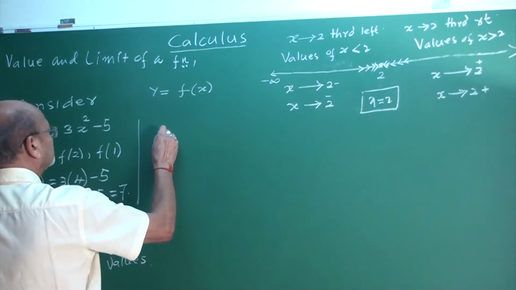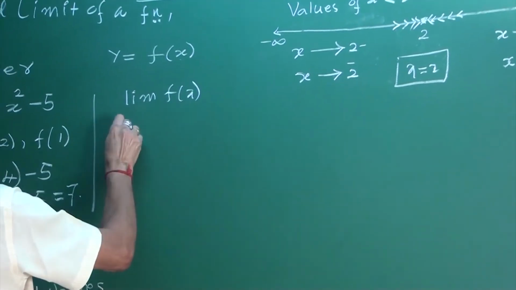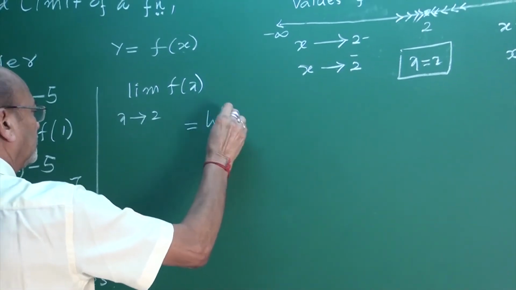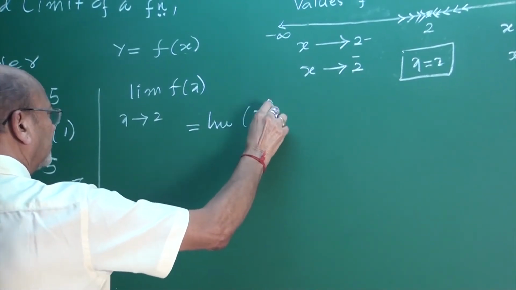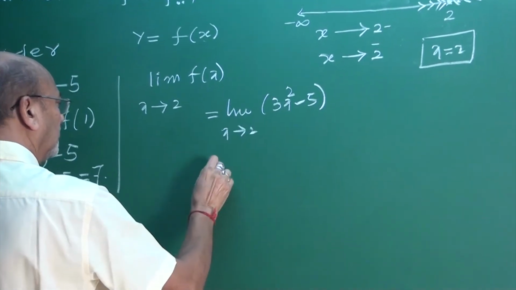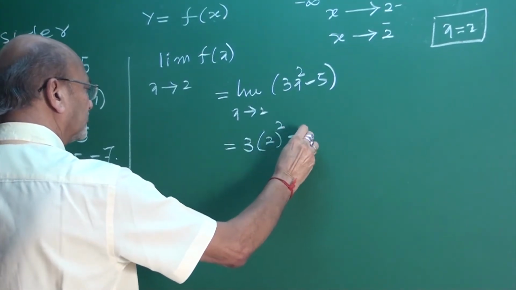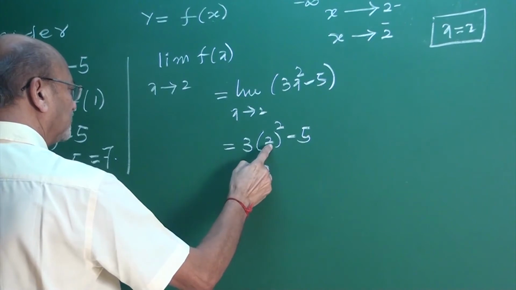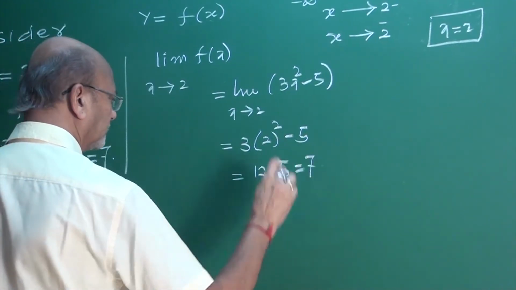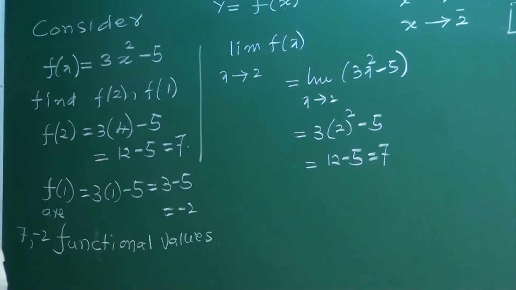In this case, the limit of f(x) as x tends to 2. The limit of 3x squared minus 5 as x tends to 2: again you are putting x equal to 2 in f(x). So 4 into 3 is 12 minus 5, it is 7. What is this 7 and what is that 7?